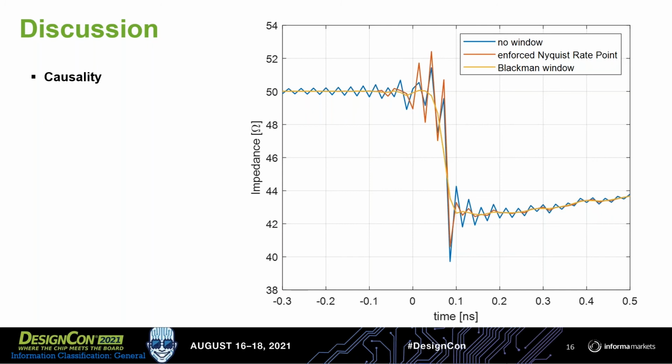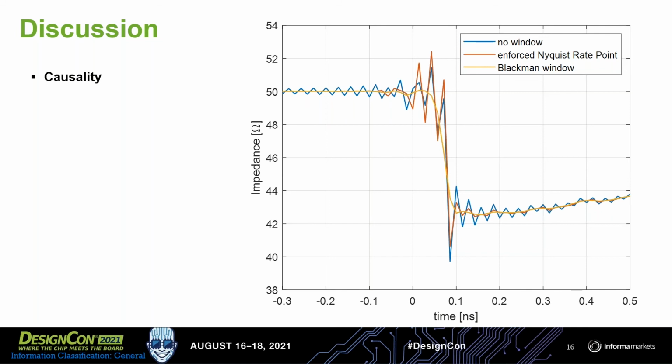What fractional delay means is similar to what I was referring to before, of why we couldn't just increase frequency points to get our 20 and 80 point. You need to adjust the phase to make it 0, pi, or negative pi to enforce this Nyquist rate point, and that effectively gets rid of this Gibbs phenomenon as well.